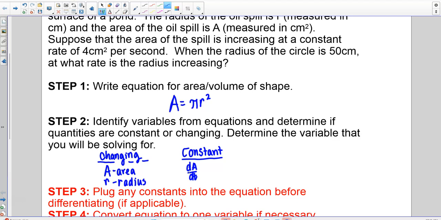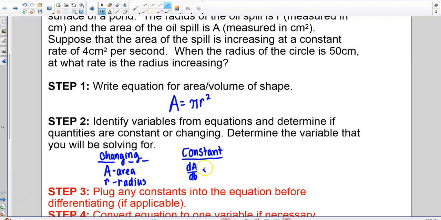It is acceptable to use A prime. So you can use that if you would like as well. I just find it a little bit more helpful because it relates to dy dx better, and when we get to differential equations, which we haven't done yet, that notation carries over to those a little bit better too. So I usually stick with dA dt, but A prime is acceptable and could be used.